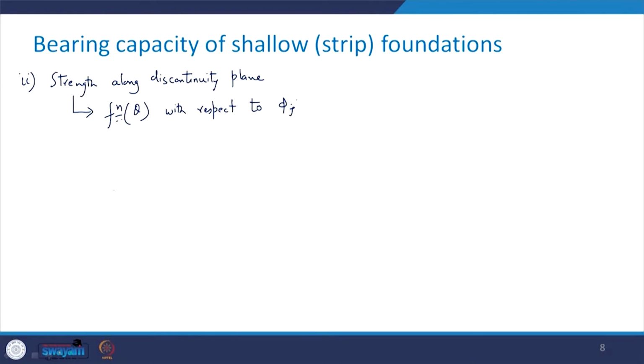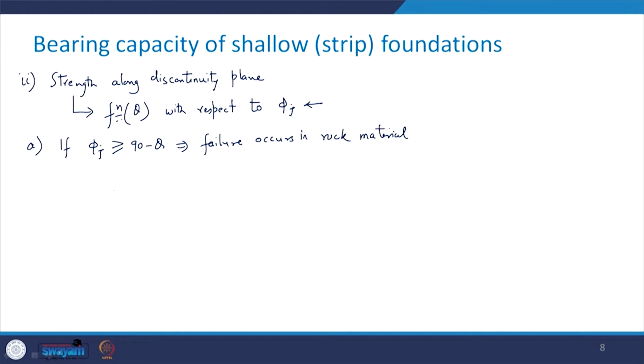So, that is what I am going to consider here once again. So, let us say that if phi j is greater than or equal to 90 minus theta, what does this signify is that the failure occurs in the rock material only.